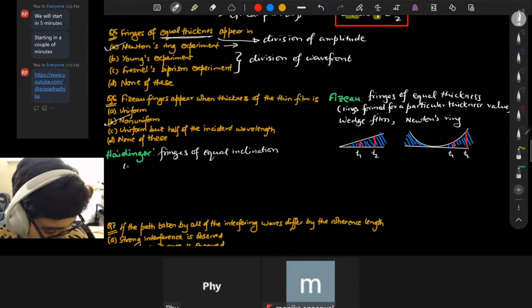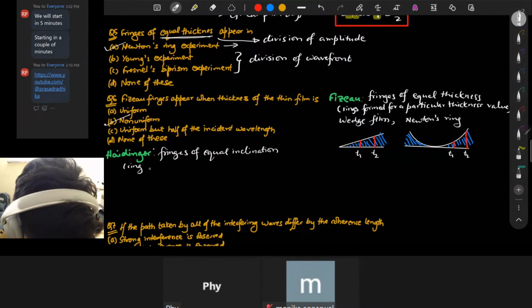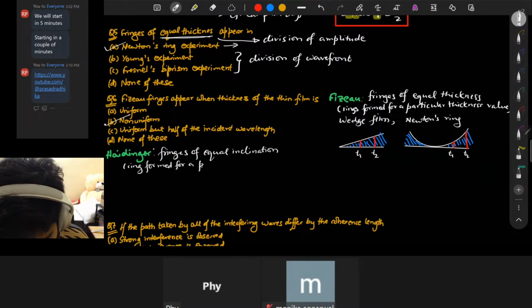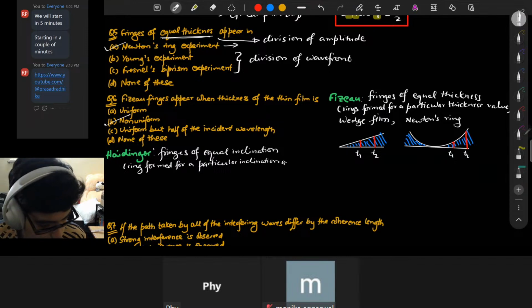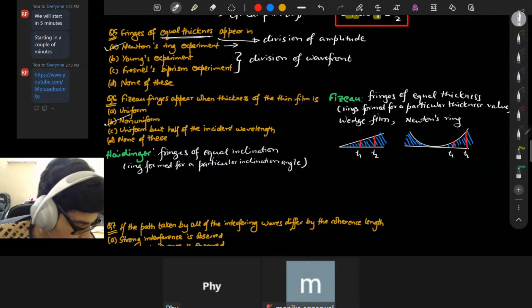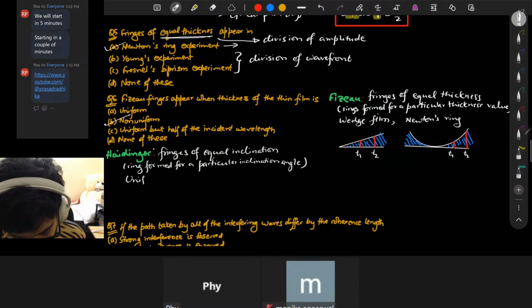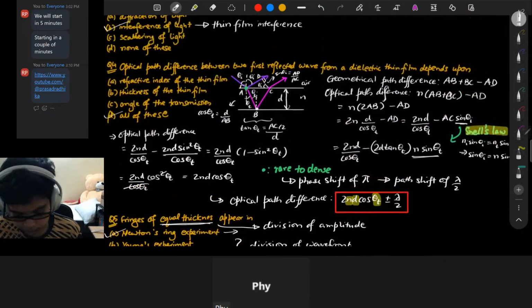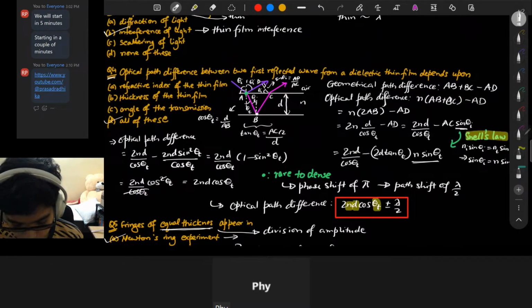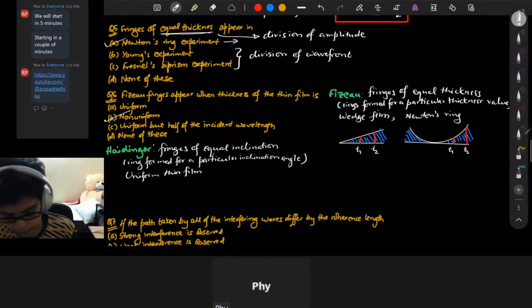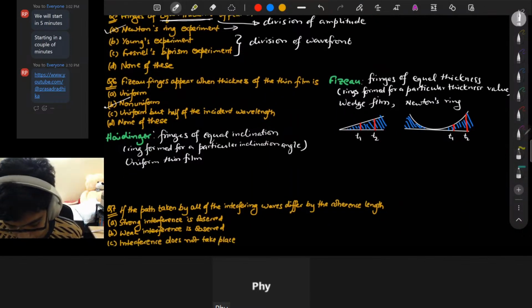This means that a ring is formed for a particular inclination angle. And this happens for a uniform thin film. So we just saw a uniform thin film in question number 4. So that is an example for Heidinger fringes and how you will obtain that.